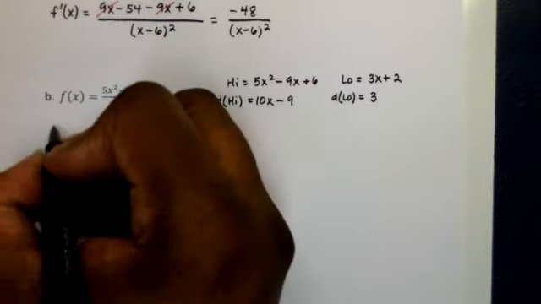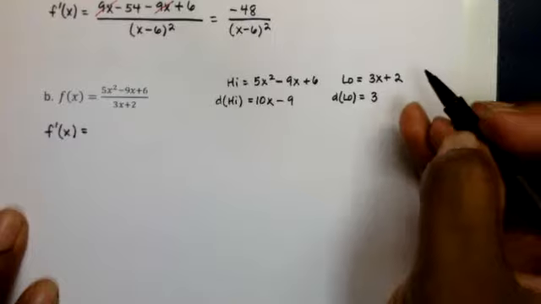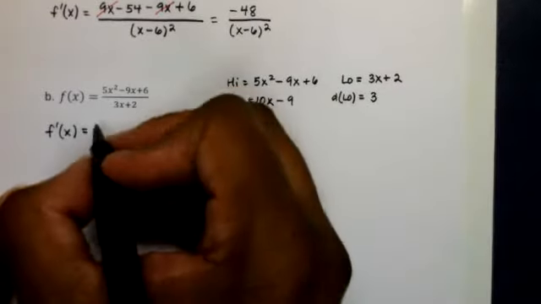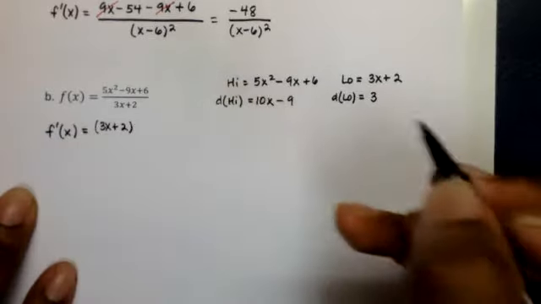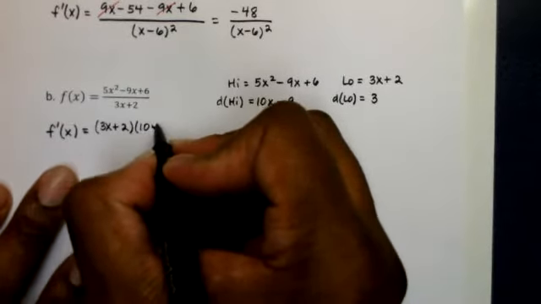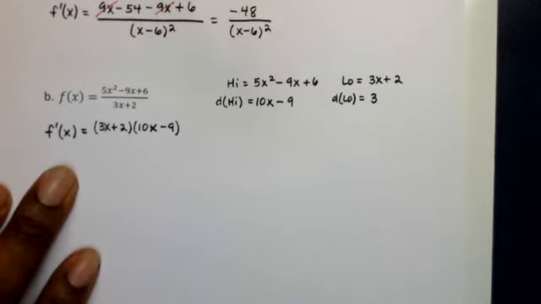So now, f prime of x is this. Low times the derivative of the high. The low is 3x plus 2, and the derivative of the high would be 10x minus 9, I should say.